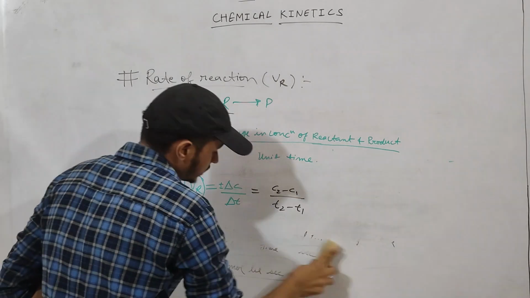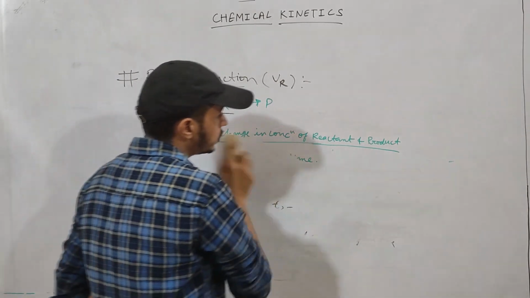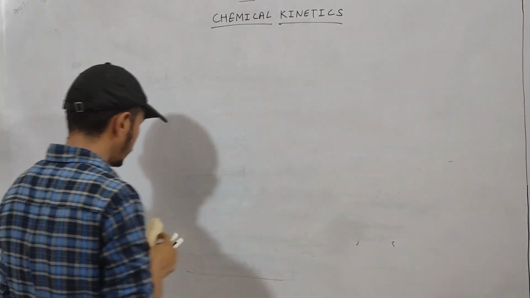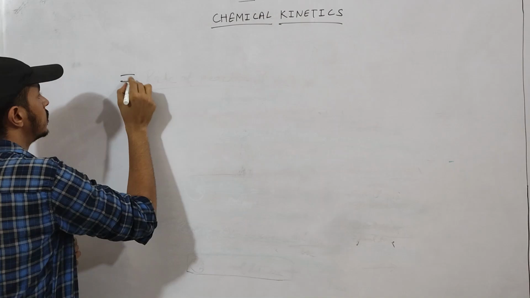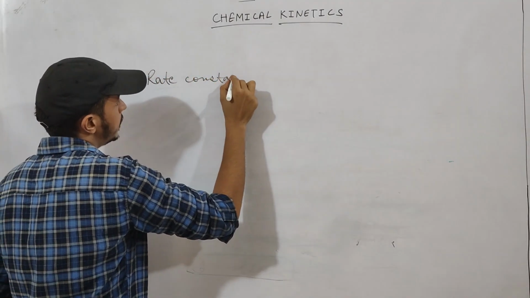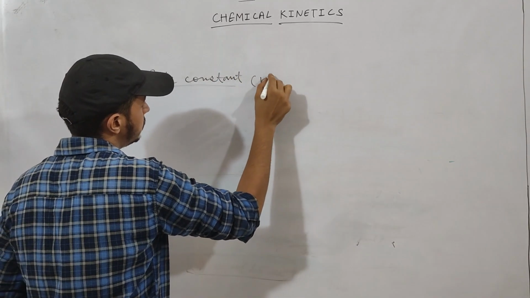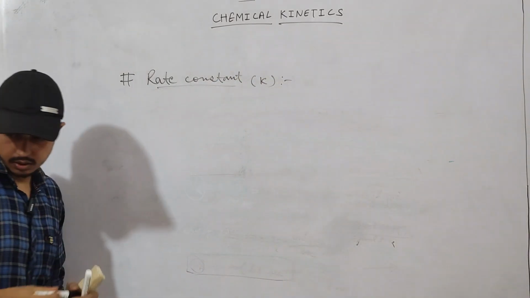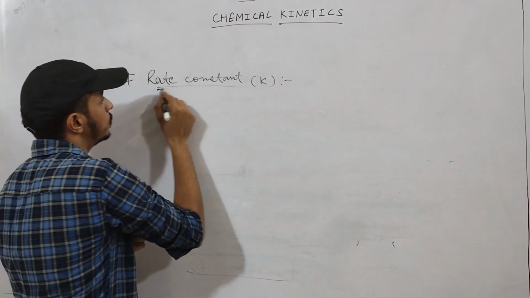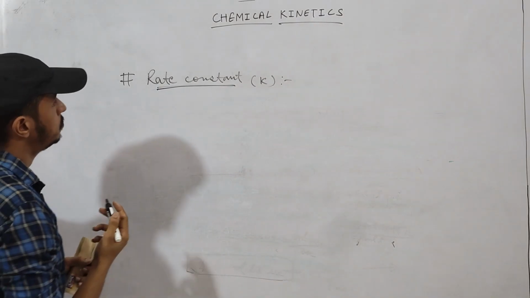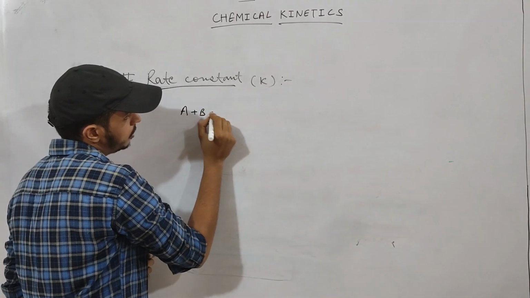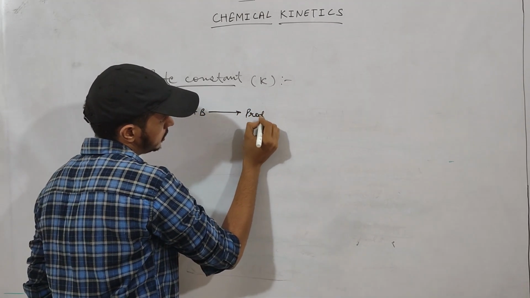So now let's discuss the next topic. What is rate constant? It is represented by K. Rate constant is represented by K. In this we will see that A and B both are converted into product, let's say.